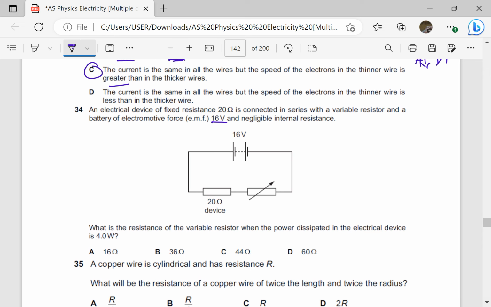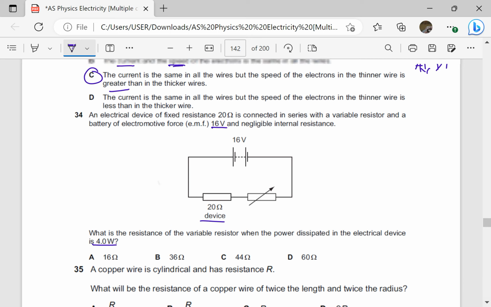Since we have the power through this device, let's find the current through it.